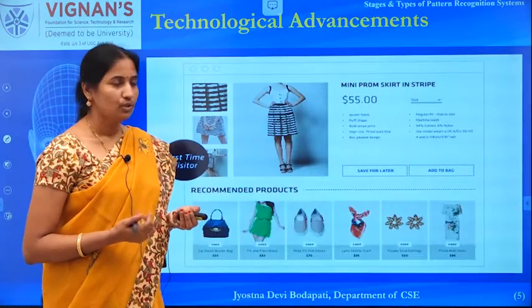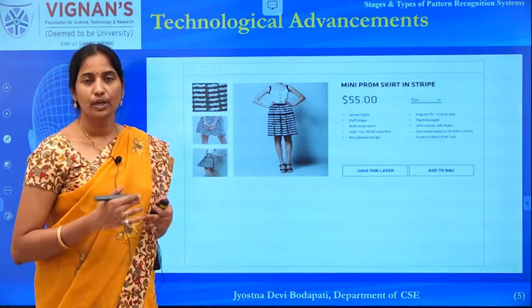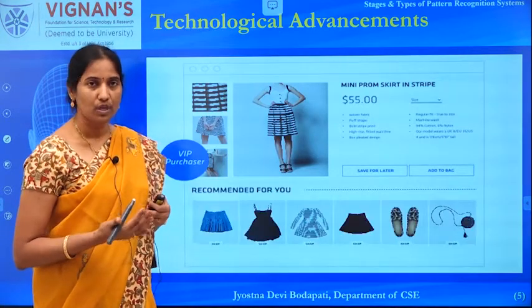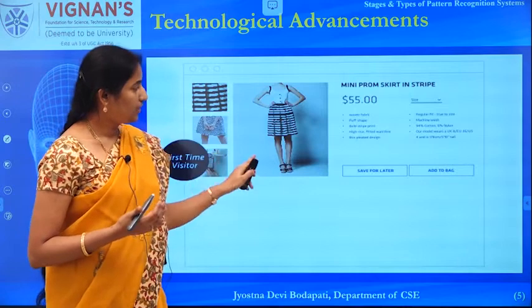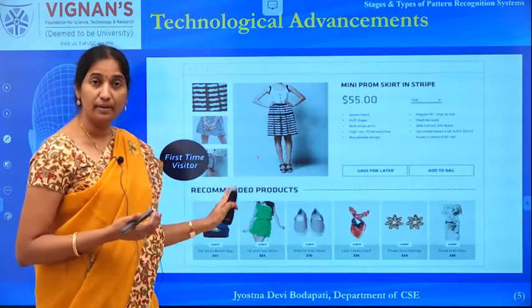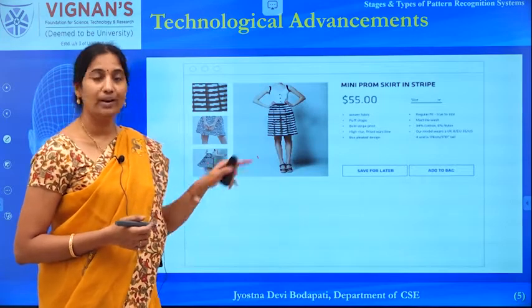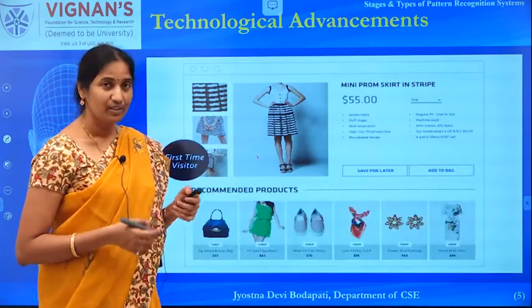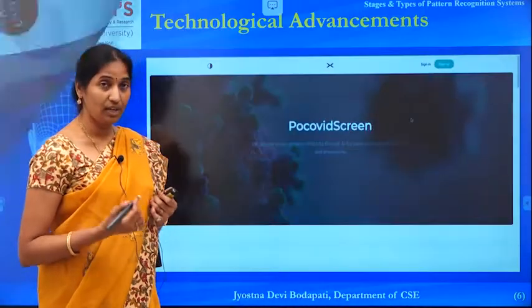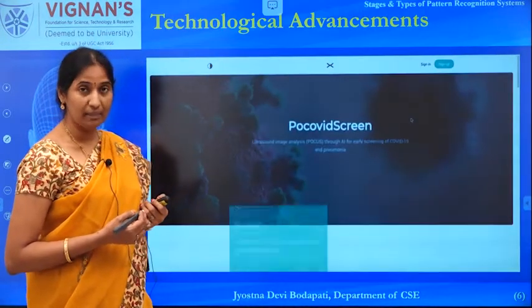In addition, in e-commerce applications you must have seen recommendation systems. When I search for a product, the application recommends some additional products that are related to the product that I am searching for. So, what is the technology behind these kinds of applications?